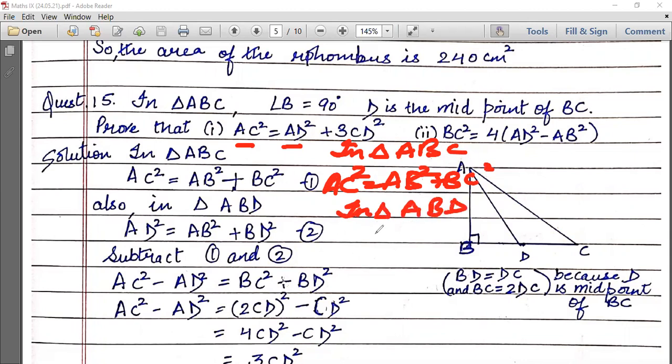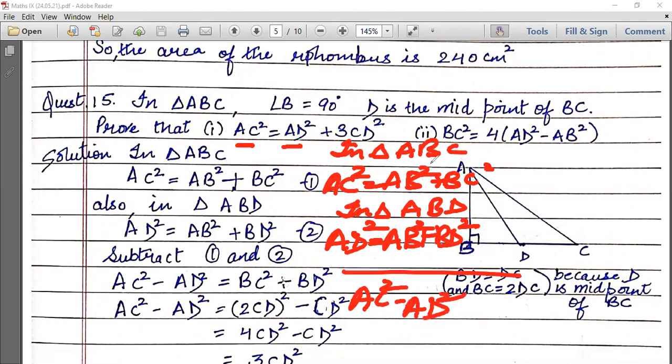In this also we can use Pythagoras theorem, and it is AD square is equal to AB square plus BD square. Now you have to subtract these two. When you subtract, the left hand side will become AC square minus AD square, AB square and AB square will be cancelled, and here you will get BC square minus BD square.